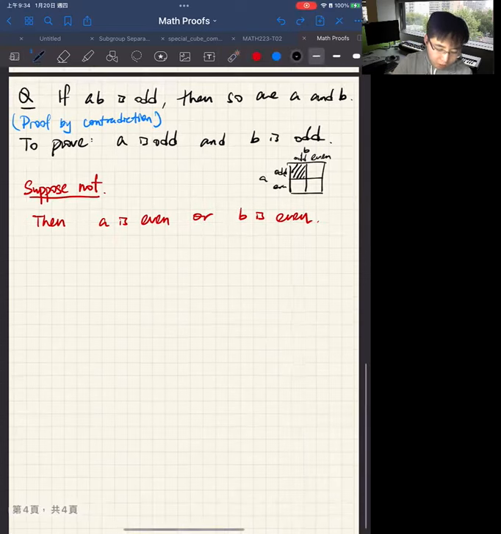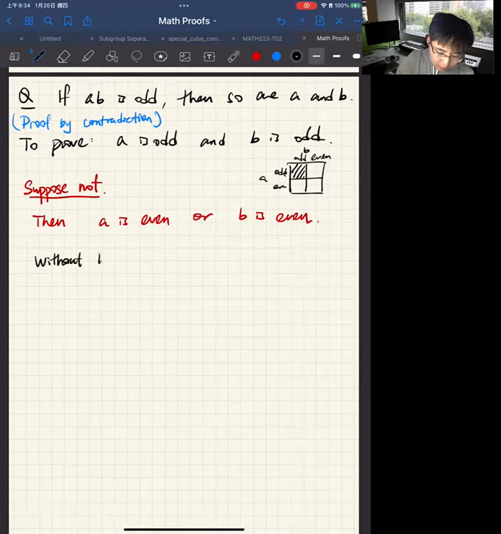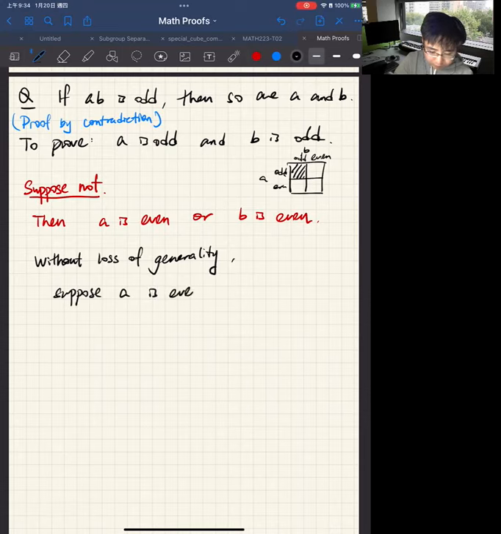So we will say without loss of generality, suppose A is even. Some people write this as WLOG. It means without loss of generality.